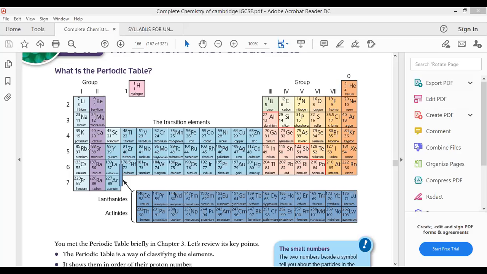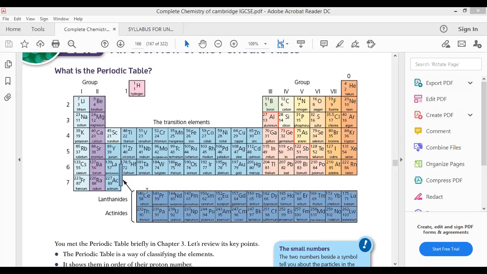These first 2 columns are the S block. This central light blue part is D. And your right side, this whole region, we call P. And then down there are 2 rows, which we call the F block.